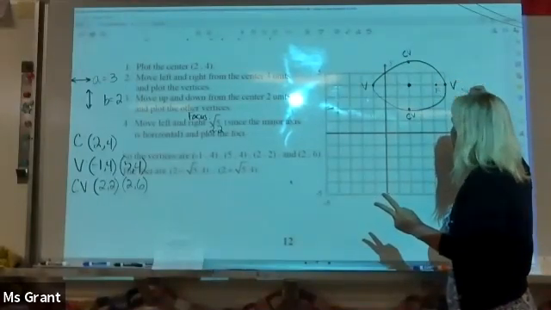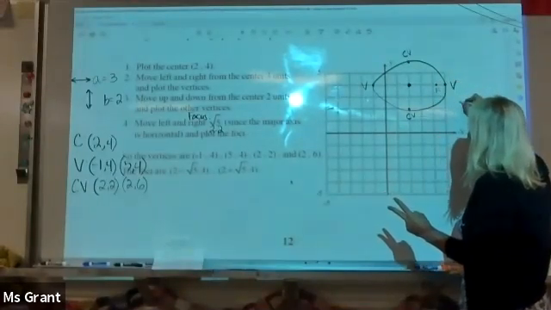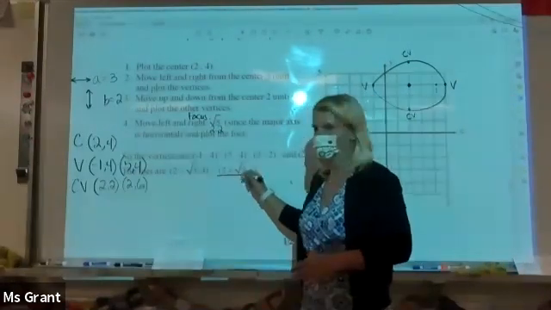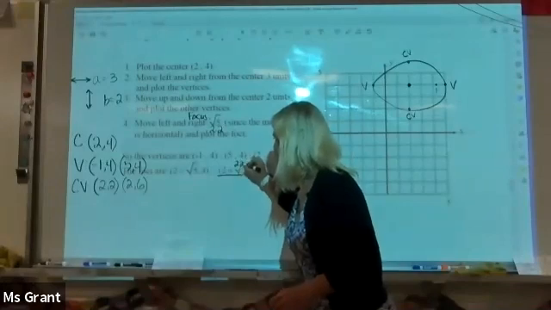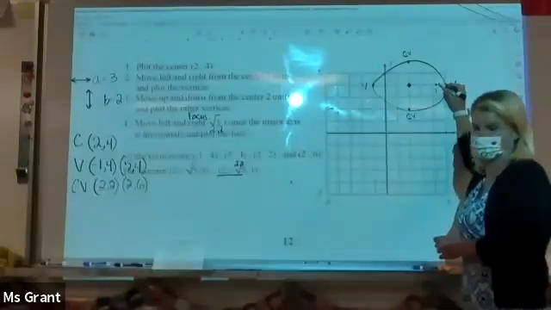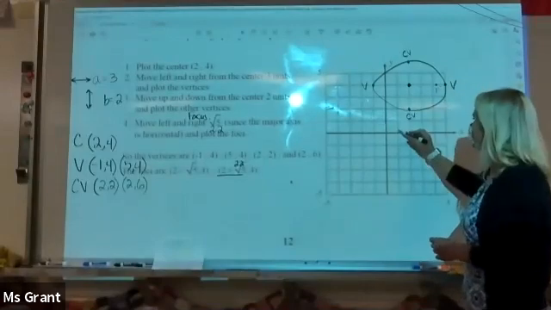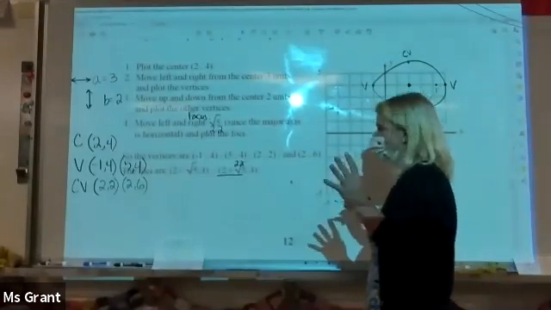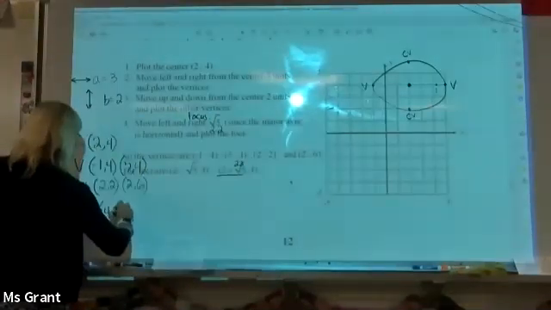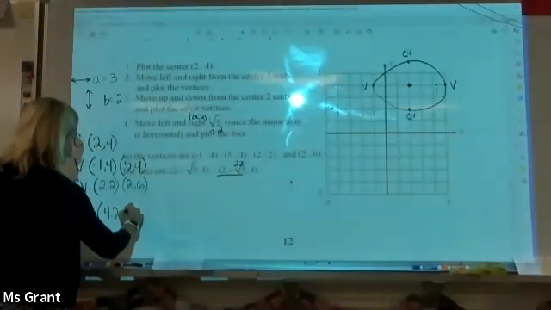That's going to be a foci. So I could write, that's what this is, 2 plus rad 5, 2 plus 2.2, and up 4. That's the ordered pair of this focus. It's really 1, 2, 3, 4.2, up 4.